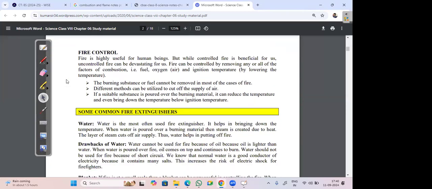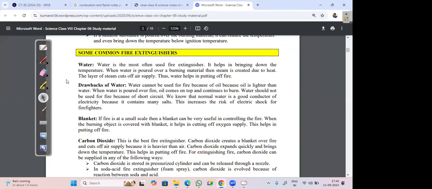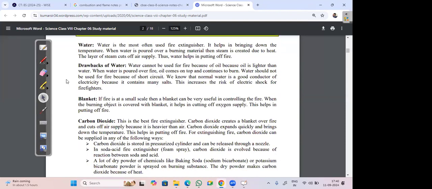In flammable substances, we were doing fire control. Fire control we were doing using water. We did the drawbacks of water, like it can't be used for oil and electric fires. A blanket can also be used for fire control, but it can't be used on a large scale.